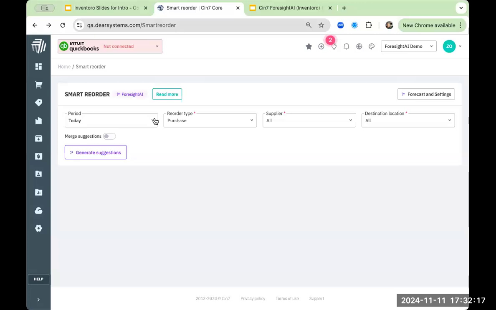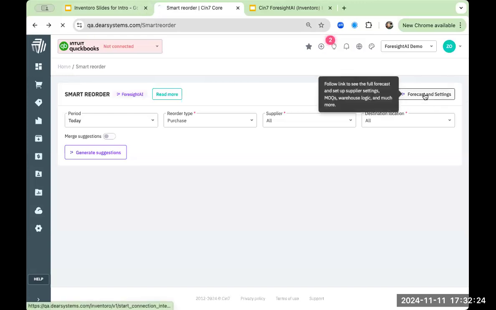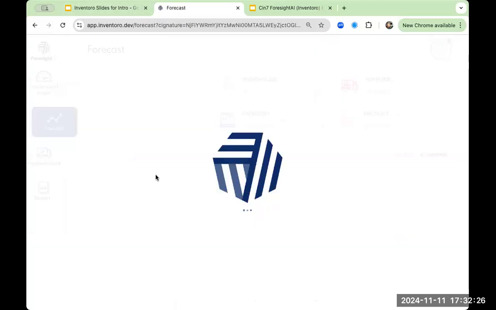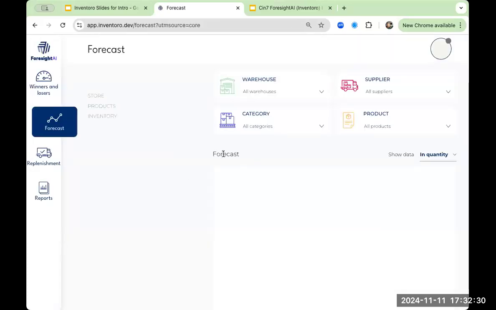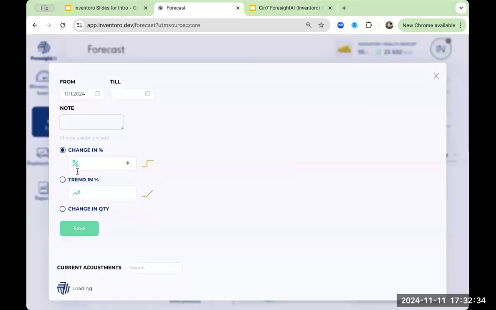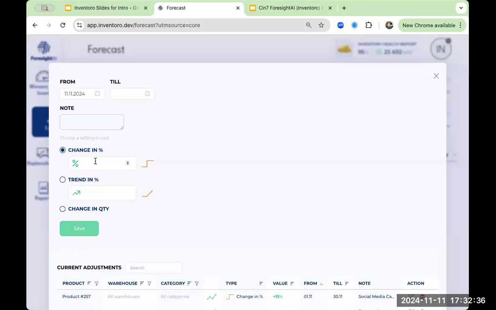First question: is there a way to tell the AI that we are running promotions, etc., for future months? Great question, and that was answered in that forecast adjustment. So if we go to the forecast adjustments right here, we could do a change in percentage if it's going to be overall throughout your entire catalog.